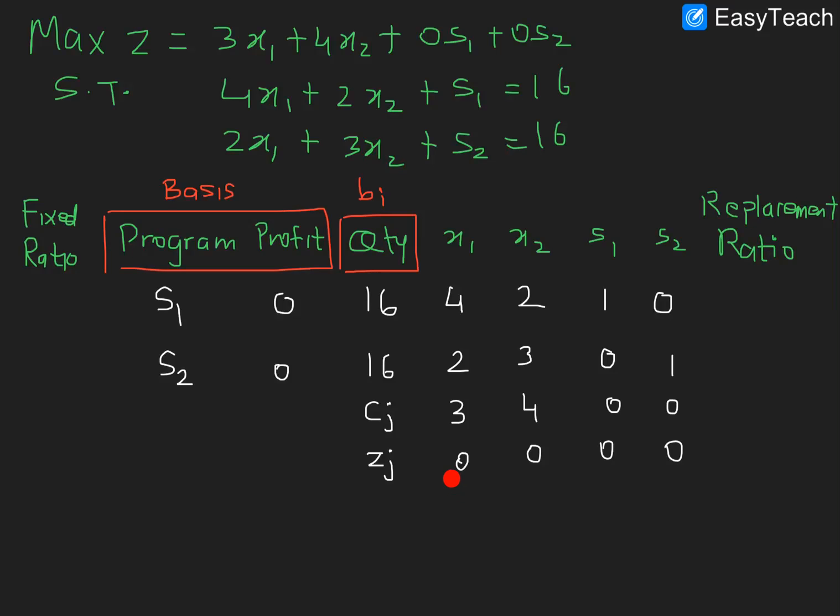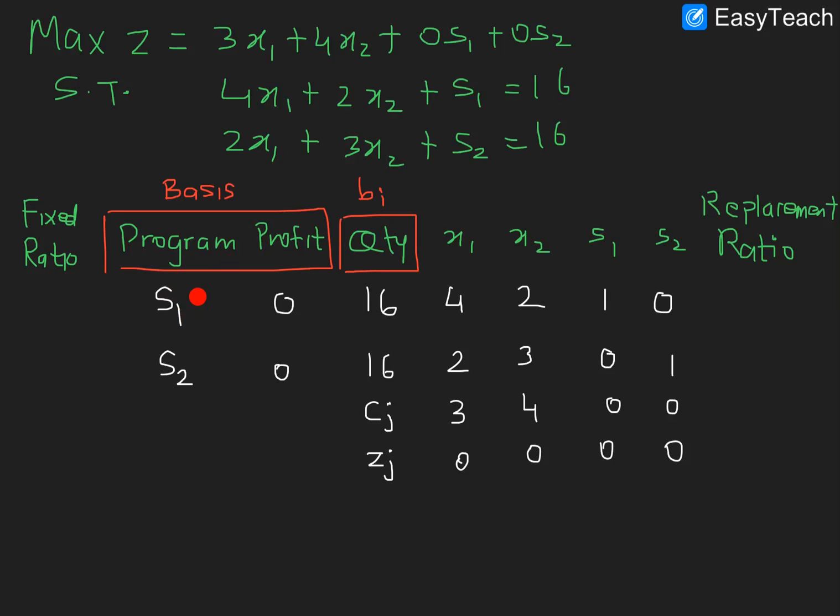Now over here, how do we get this Zj, by the way? Well, simply talking of this number 4, what was this number 4 indicating by the way guys? I need to sacrifice 4 units of S1 to get 1 unit of X1.